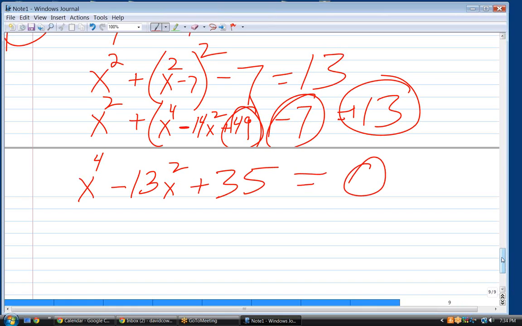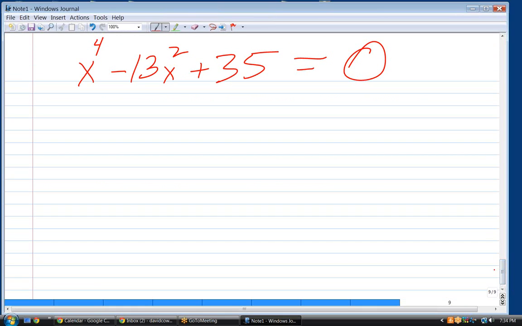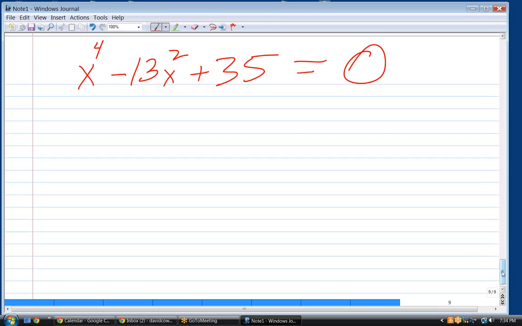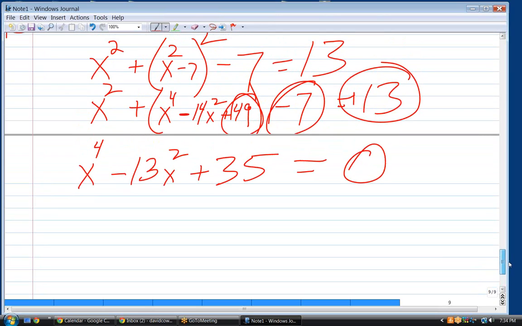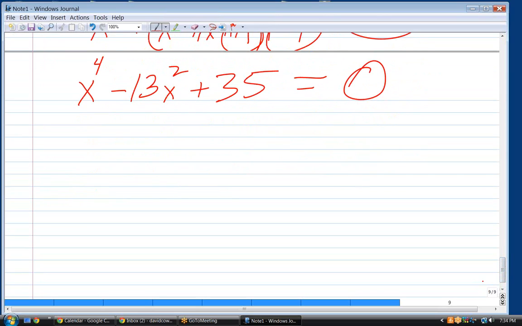Now, how do I solve that? Oh my goodness, you've got to be kidding me. It's so close to a perfect quadratic. Are there any factors of 35 other than 7 and 5?